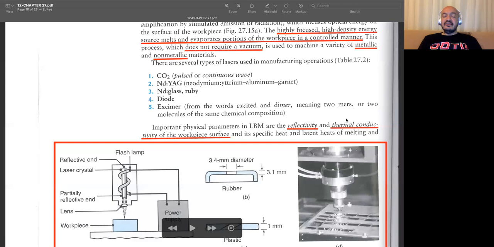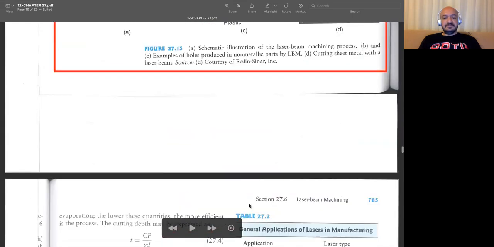And lastly, if the thermal conductivity of the workpiece is very high, then you cannot focus the energy and increase the temperature at that point, and we will not be able to do this process. So we prefer to do this process on a surface having low reflectivity and low thermal conductivity.